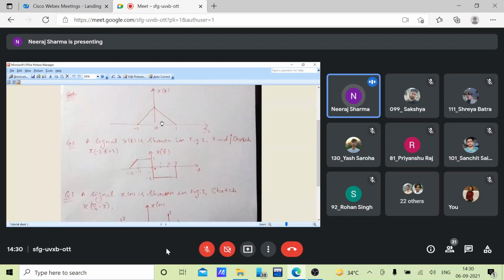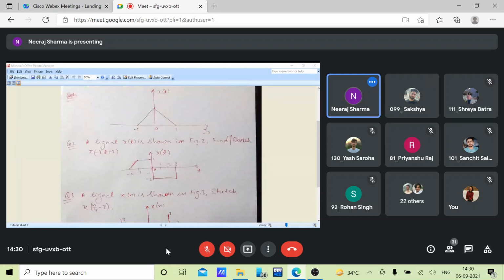Then you can say that this system is a time variant system because it has changed its property when the input signal is delayed or advanced by some unit; it has changed its behavior or its property. So such type of system is known as time variant system, right? So if you have any question then you can ask.